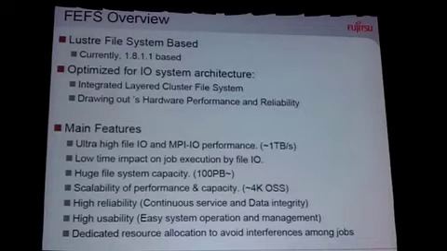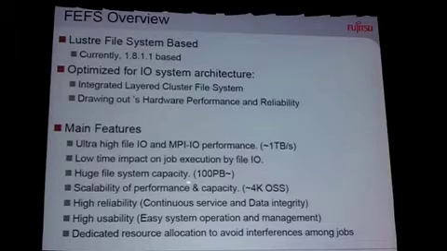So let's talk about our file system overview. Our file system is currently based on Lustre 1.8.1.1, and optimized for the I/O system architecture. For example, an integrated layered cluster file system that draws out hardware performance and reliability.